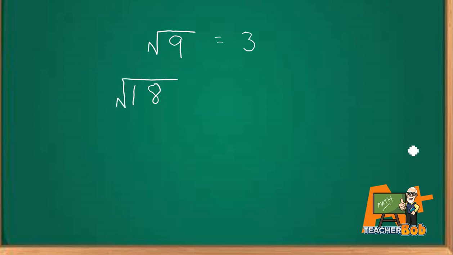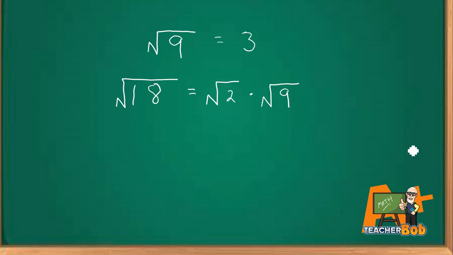Okay, so the square root of 18, we can break this down into the square root of 2 times the square root of 9. 2 times 9 is equal to 18. And we're looking to reduce this or break this down into a whole number part. We're looking for a perfect square, one that has a square root that is an integer.